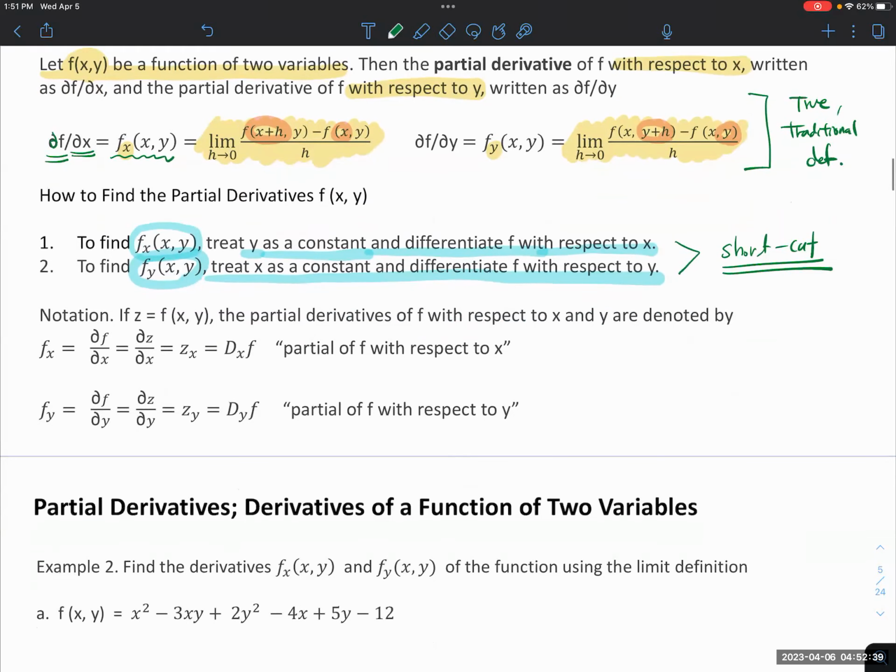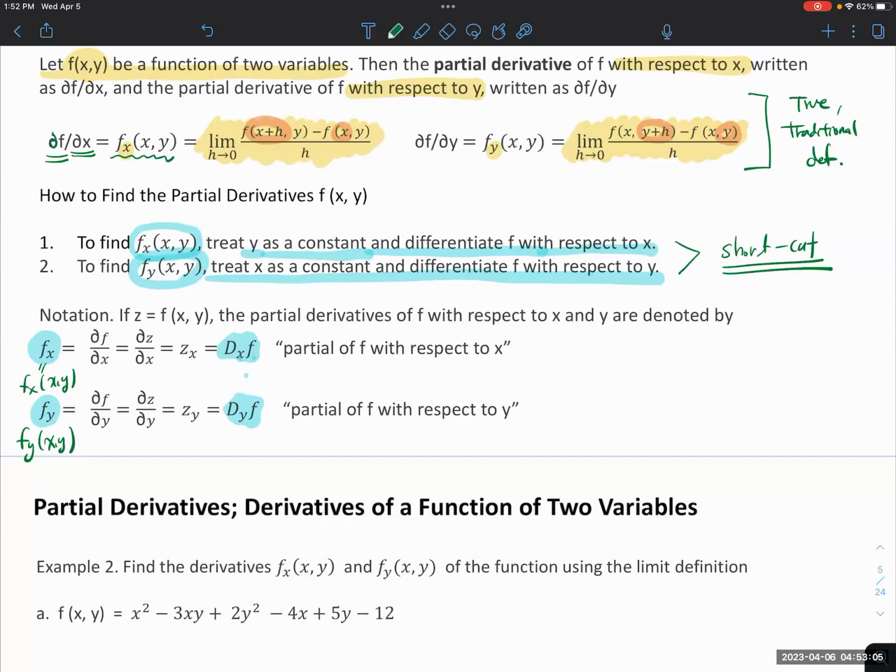So one more time, you're going to take f of x first. It means the same as f sub x, x comma y. And then same thing, f of y means f sub y, x comma y. In other words, you can write it as differentiation sub x of f. So there are many different symbols.